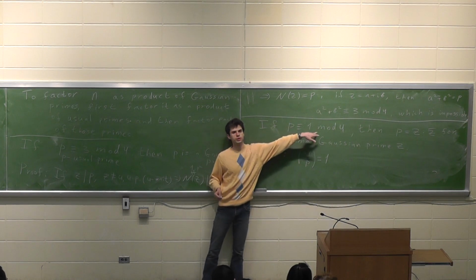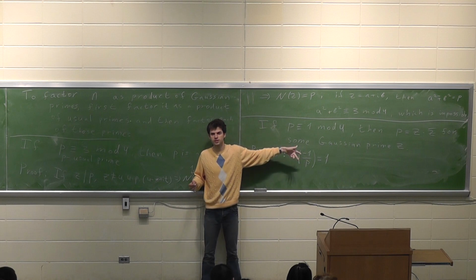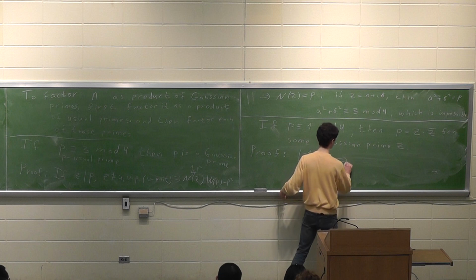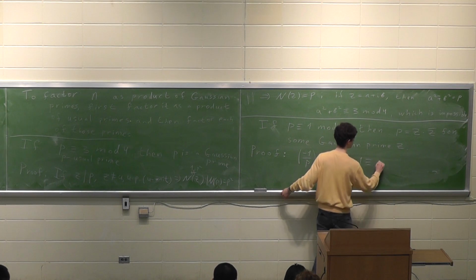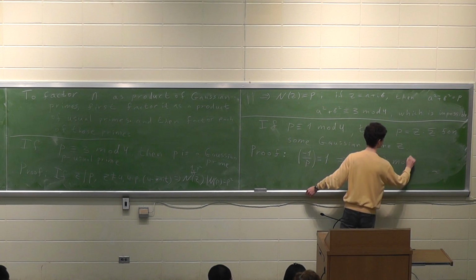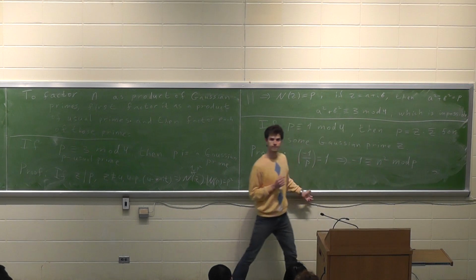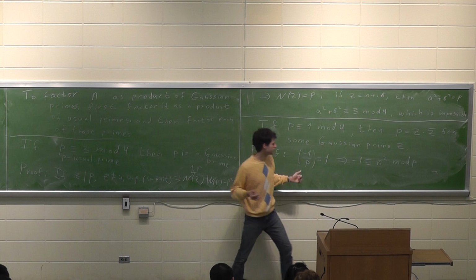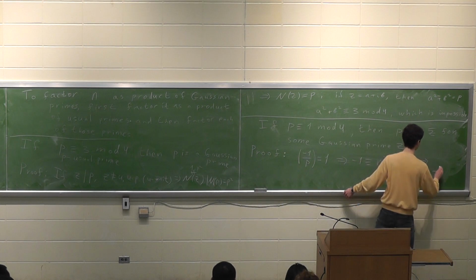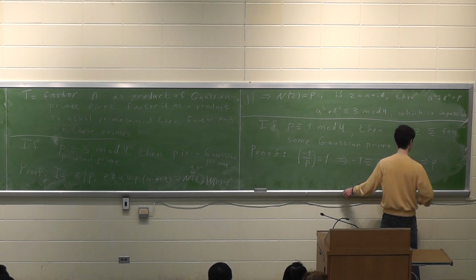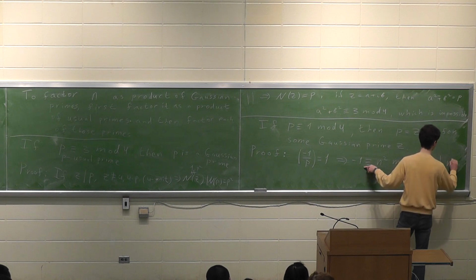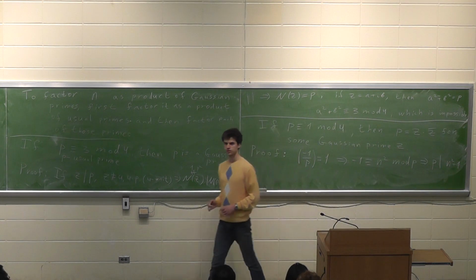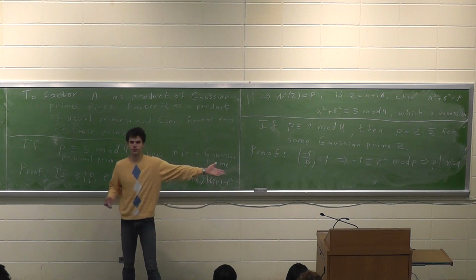If P is congruent to 1 modulo 4, then minus 1 is a square modulo P. It seems to be kind of an unrelated fact, but in fact it is very much related. And then P is a divisor of some number n squared plus 1.